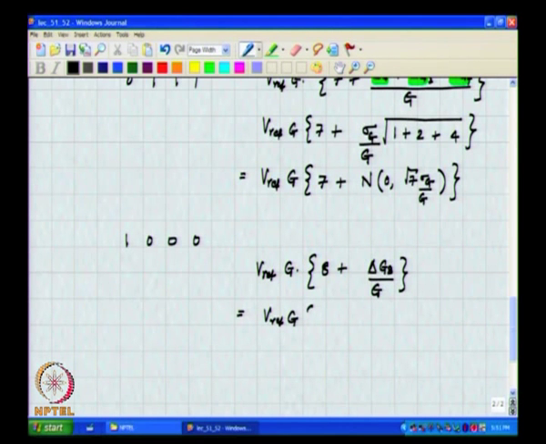Now, this must therefore be 8 plus a random variable which is 0 mean and square root 8 sigma G by G.